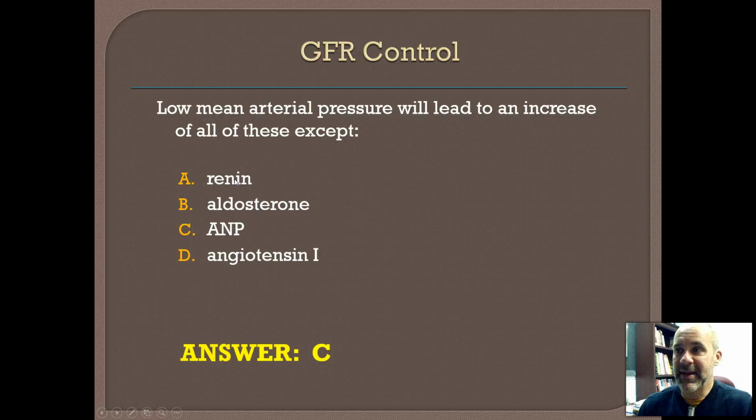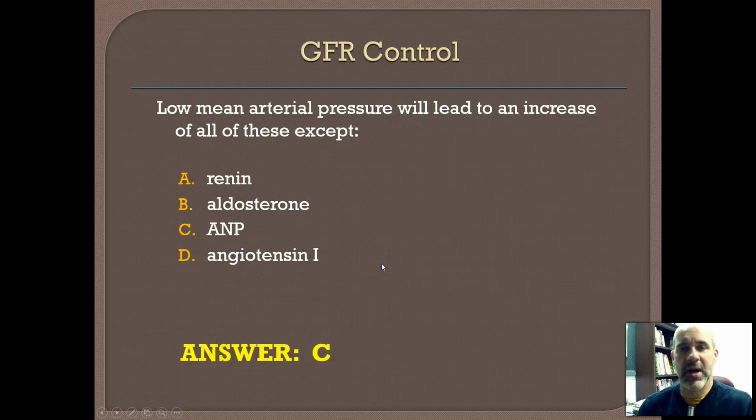Renin is an enzyme that converts, go back and look at your pathways, you always have angiotensinogen floating around in your blood. Renin clips that and creates angiotensin 1. And then remember, you have an enzyme called angiotensin converting enzyme that converts this to angiotensin 2.